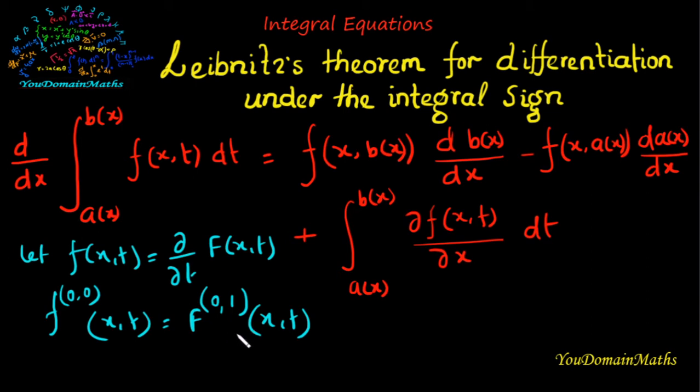Similarly, f of 1 comma 0 represents the partial derivative with respect to x.